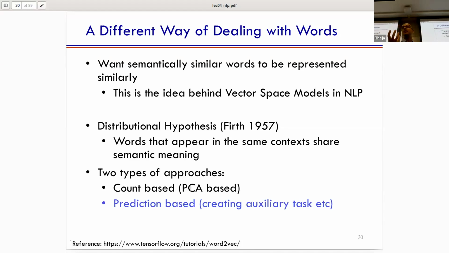Xij was the matrix of counts, or liked counts, in the movies case. Here there will be similar counts of how many similar situations two words appeared in. Once you have that count matrix, you can do PCA or some dimensionality reduction so that you can actually get a vector per word.